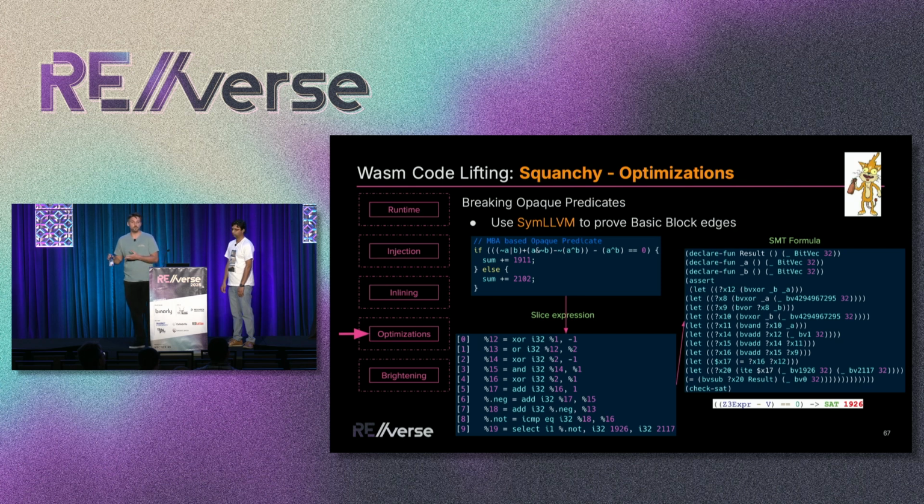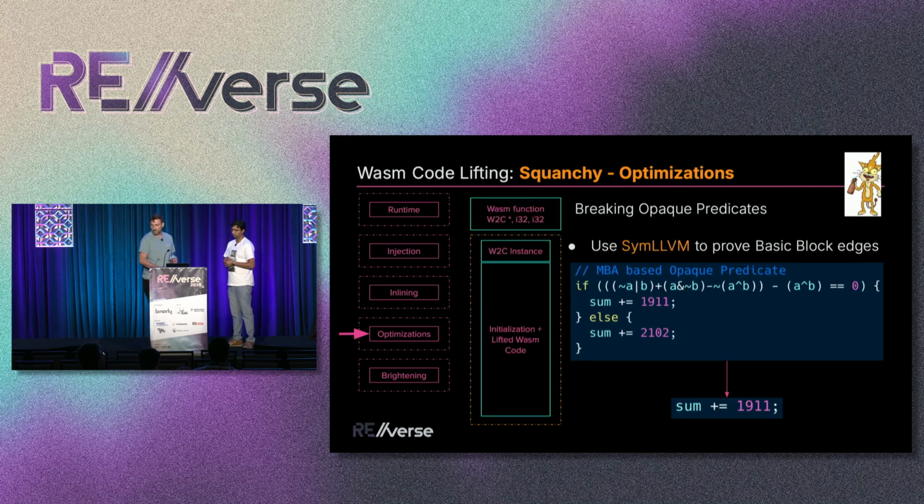This is one possible solution. Now we can ask whether this expression minus V equals 0 has any other solutions than 1926. We get unsat. Perfect, so there's only one solution. So we prove that this expression will always fold into sum plus 1911, plus the constant 15 at the end. We proved that it's equal, okay?